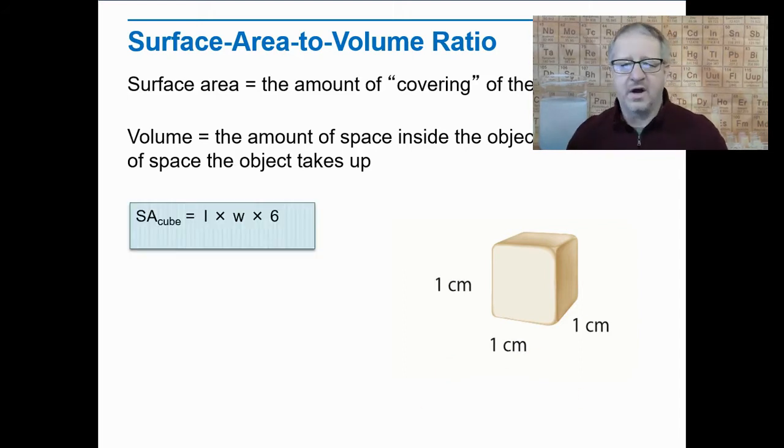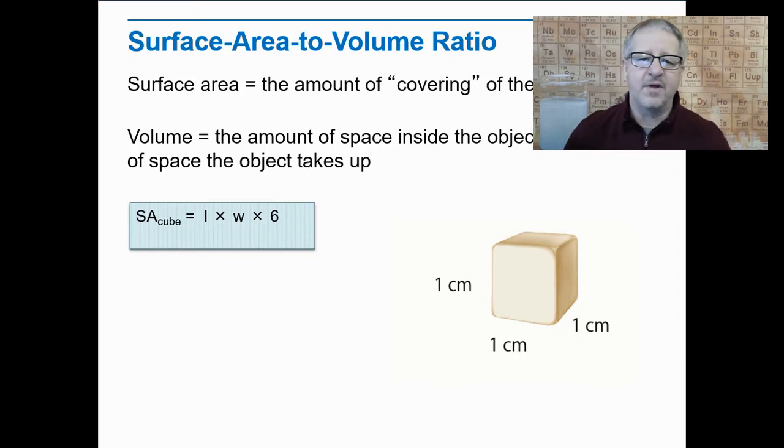The surface area of the cube is the length times the width, and then we have to multiply it by 6 because there are 6 sides. Length times width gives us the surface area of a square, but then we're looking at a cube, which is three-dimensional, so we have to multiply all sides to get the total. That is the formula we are going to use for the surface area of a cube.